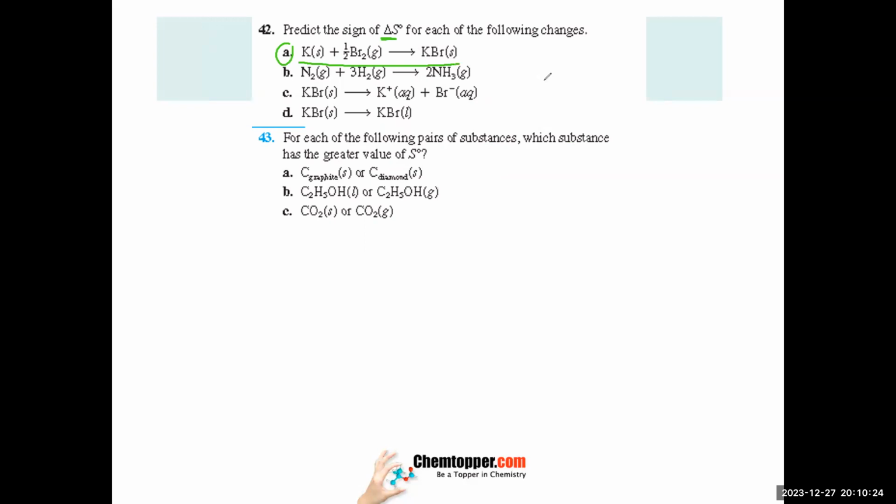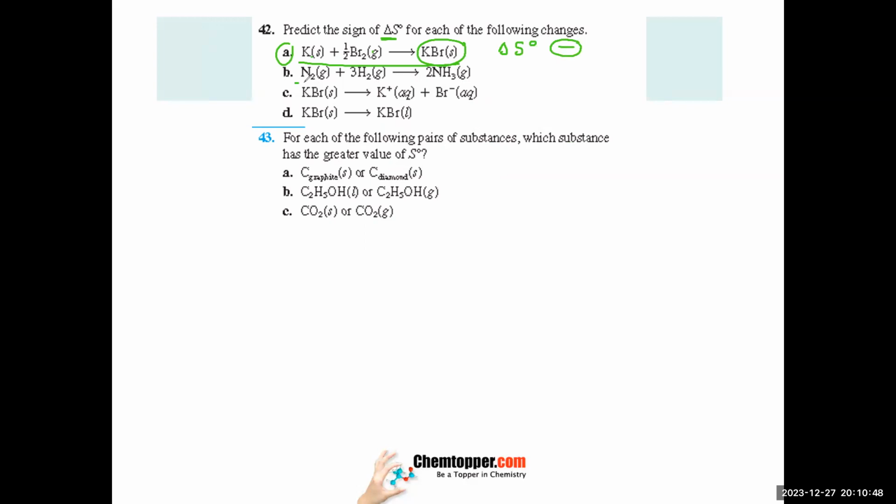Is it increasing or decreasing? You have to see the products minus reactants. This is for the reaction. So there is a gas on the reactant side, but on the product side, they all are solid. So entropy of the system is decreasing, negative.